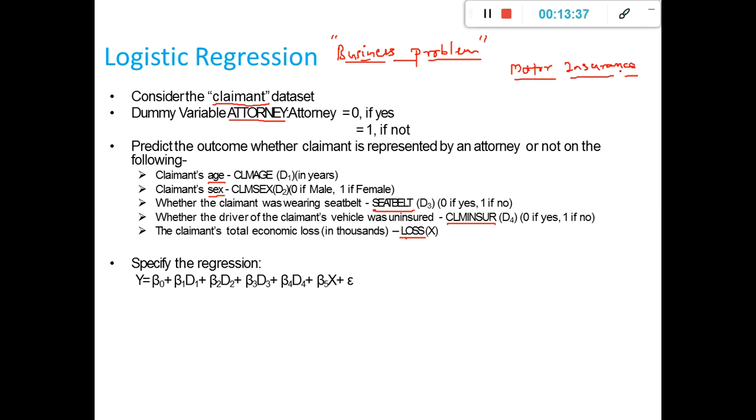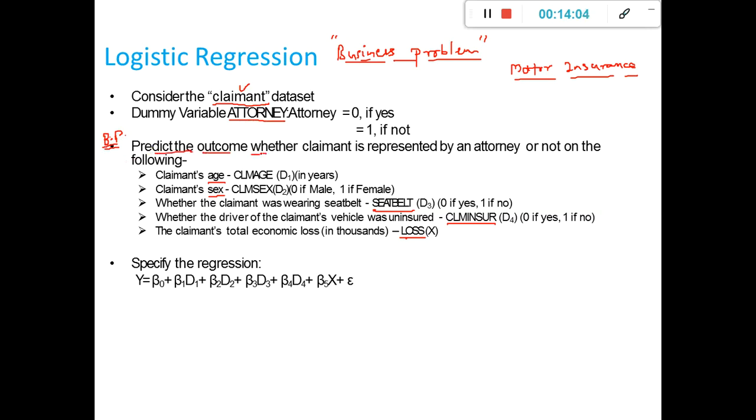Now there is a motor insurance company, a general insurance company, and they have some data set with these variables. The data set name, as I said, is claimant. Attorney is one variable, and this is the business problem they are looking at.